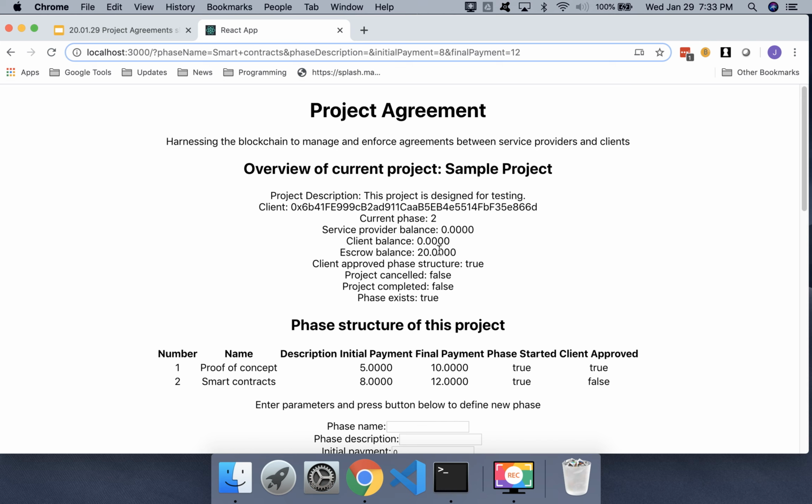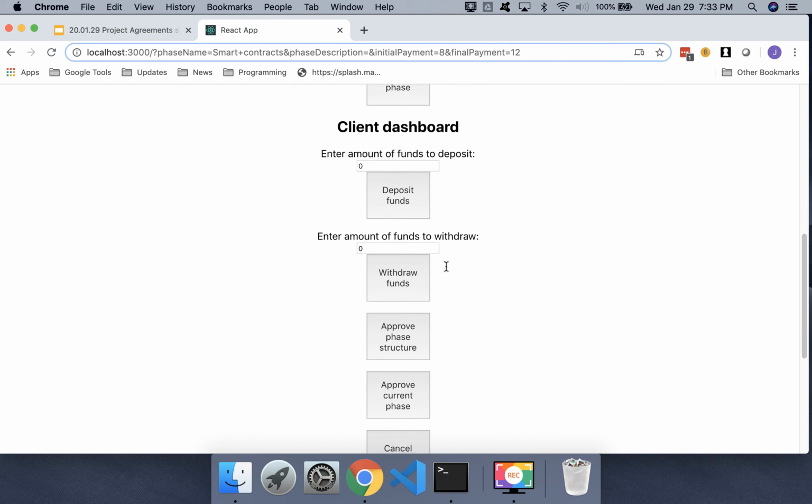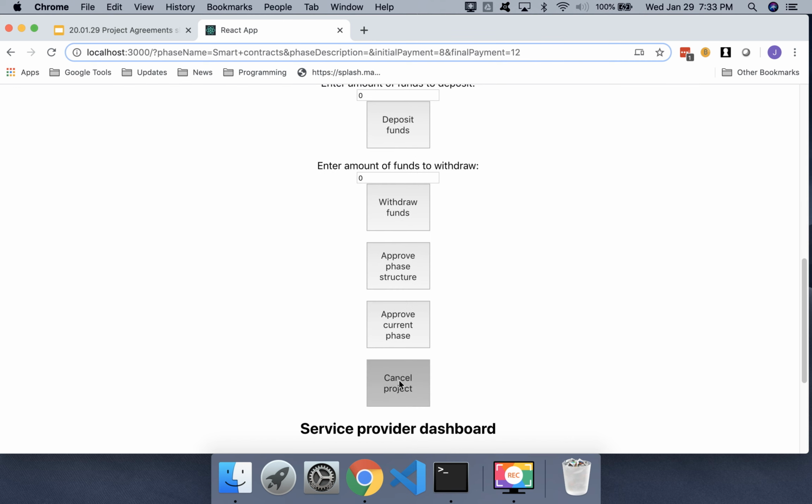We'll say that the second phase didn't go as well as the first, and the client is unhappy, and the client says, you're not doing your job right, I'd like to cancel this project. So the client goes to their dashboard and says cancel project.